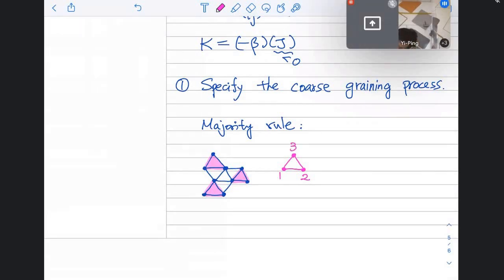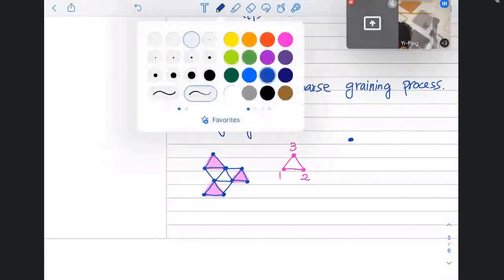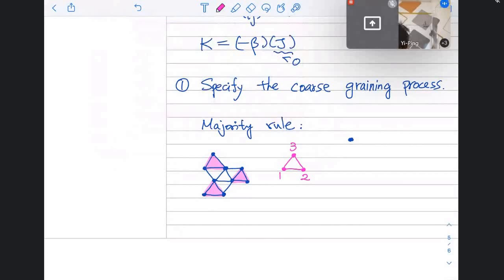So for the blue spin, in order to specify which spin it is, you can give me two pieces of information. One is which pink triangle, and the other is which subindex, that is 1 or 2 or 3, okay?